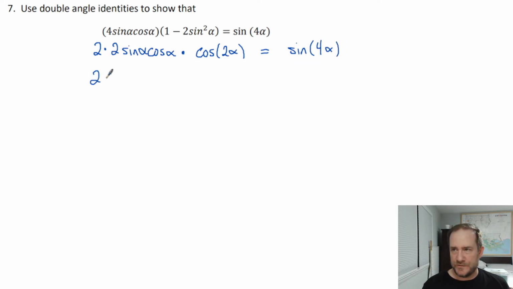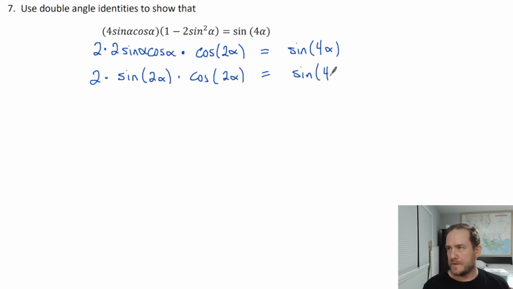Alright, so this is 2 times sine of 2 alpha times cosine of 2 alpha. And that's it. We're done again, because if you see this, you've got 2 sine cosine. That's double angle sine again. And so it'll be the sine of our angle doubled. And 2 alpha doubled would be 4 alpha. So we're done.